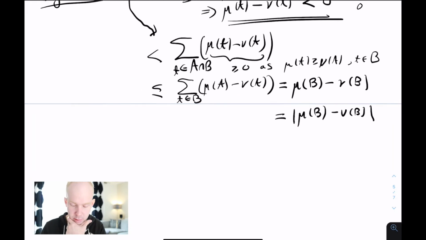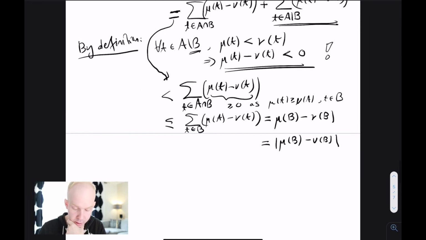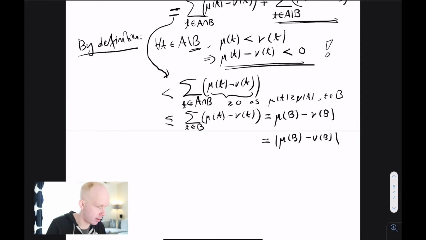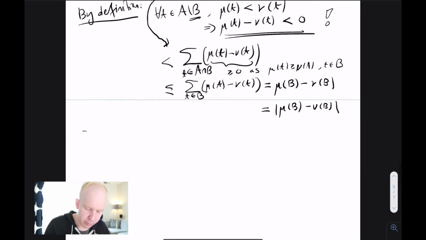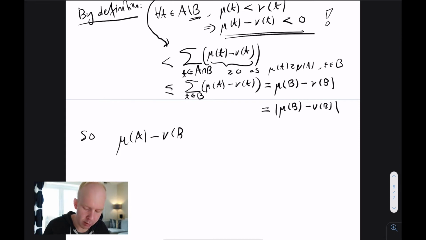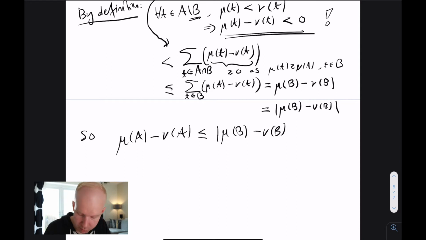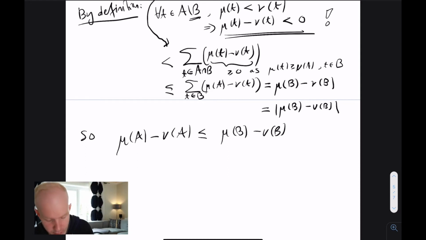This was what we said already earlier. So now we have proven this expression. We have proven that mu A minus nu A is at most mu B minus nu B. Or we could put it like this, with the absolute value, if you want.